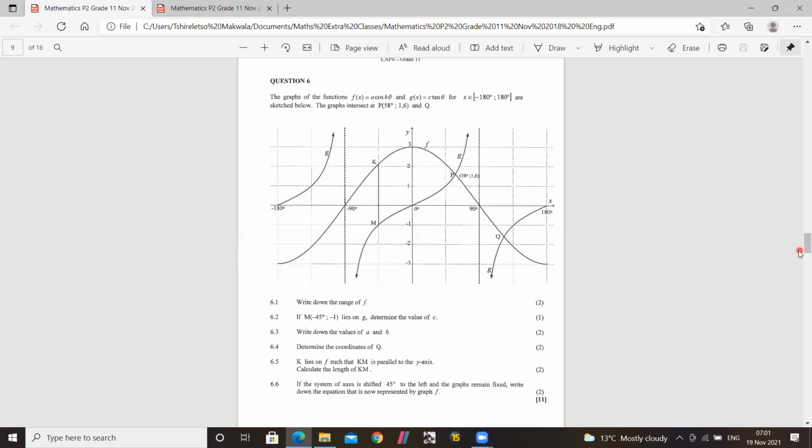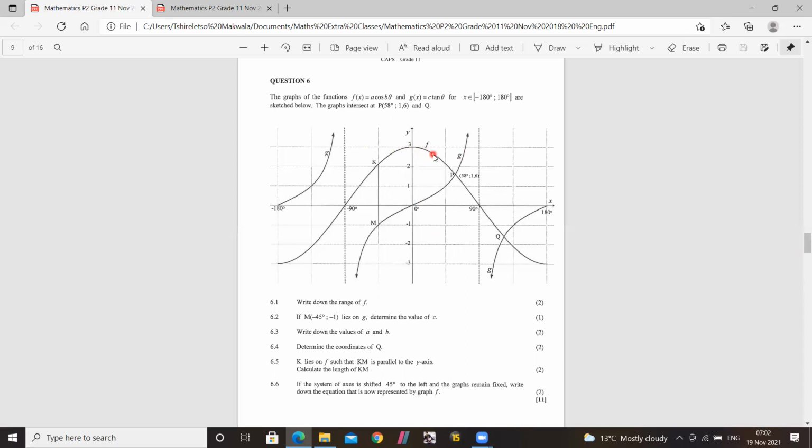Firstly, the range of a function basically looks at all the y values that this graph can touch, so it's looking from the y-axis side. What values of y can this graph touch?